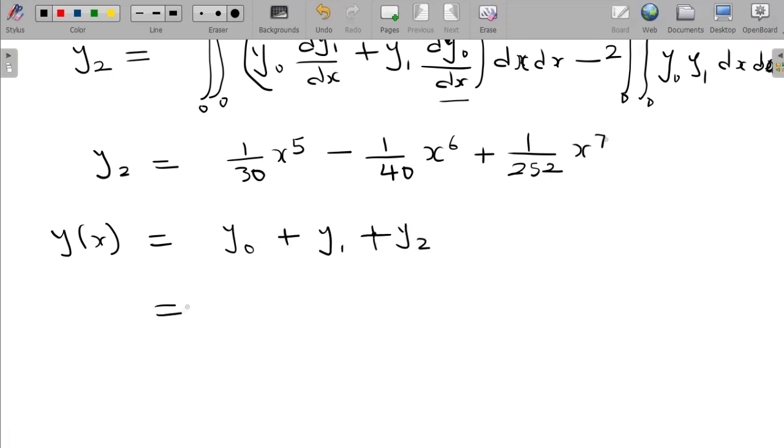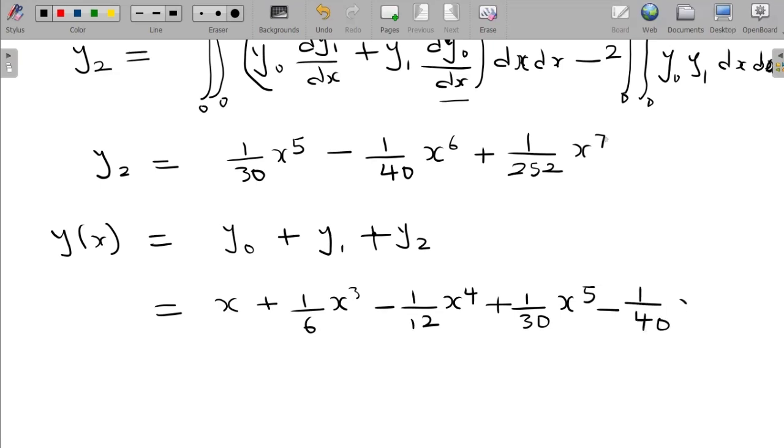So let's just write a few terms out of the solution as x plus 1/6 x³ minus 1/12 x⁴ plus 1/30 x⁵ minus 1/40 x⁶. So this is the solution of the differential equation. Thank you for listening.